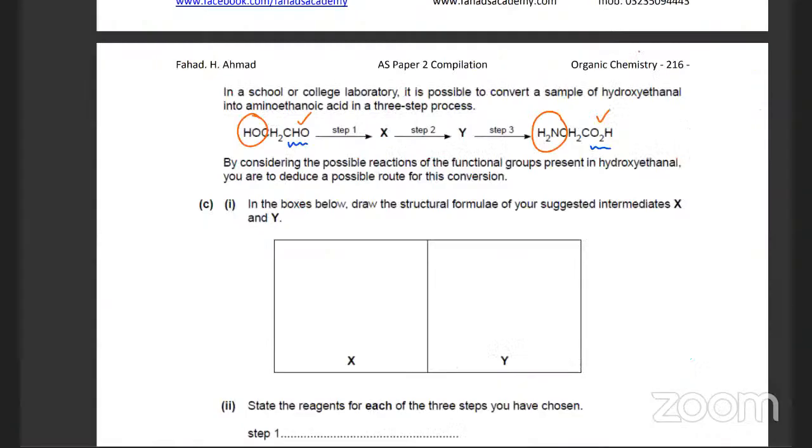So this is what I'm going to do. So X would be, let's turn it into X. It would be CH2, CHO, and over here, instead of the OH, I'm going to have Cl. And I'll use PCl3 plus heat. I'm going to react it with this.